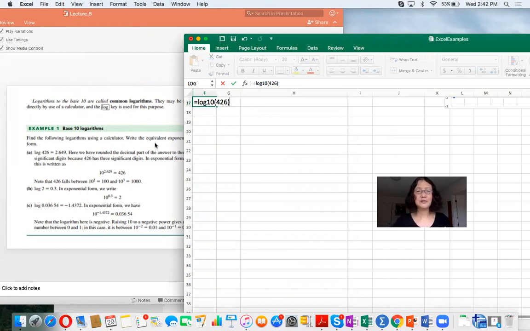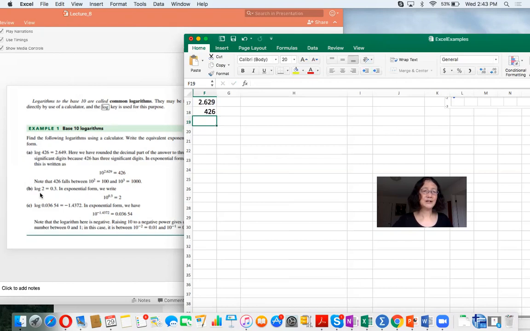Okay, remember any formula in Excel starts with an equal sign. So this is the number, the same as we get here. Okay. How do you verify you are correct? You need to do the exponential function. So 10 raised to power of this number must be what? 426. Okay. So we finished A.